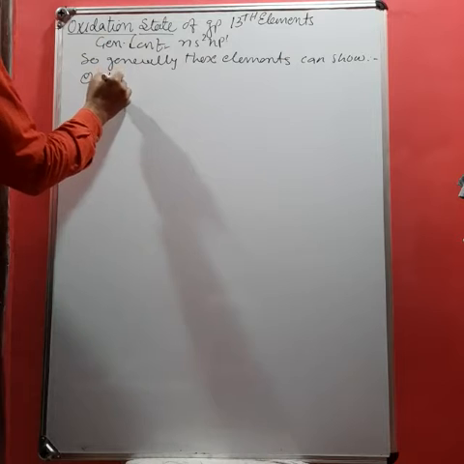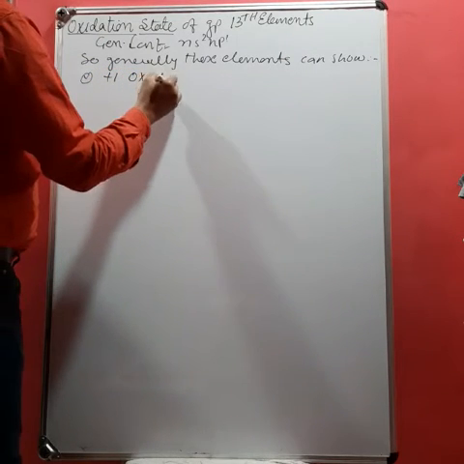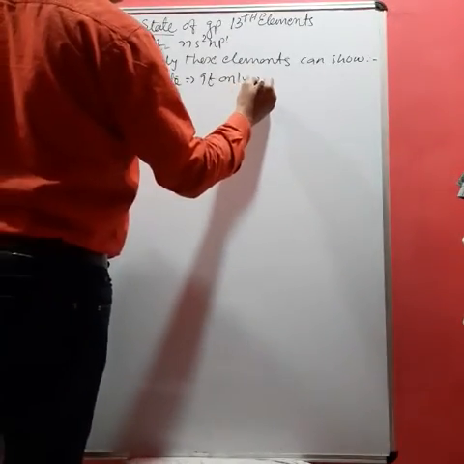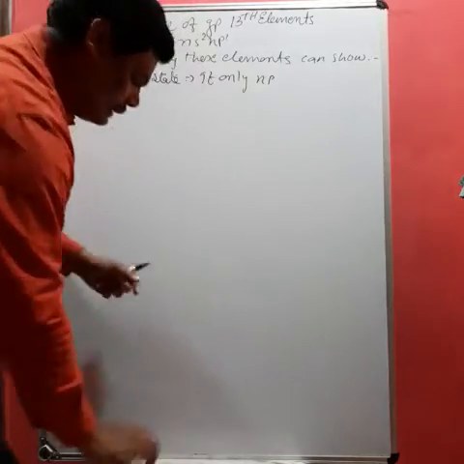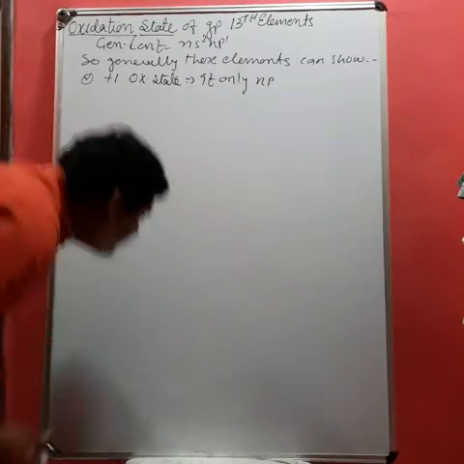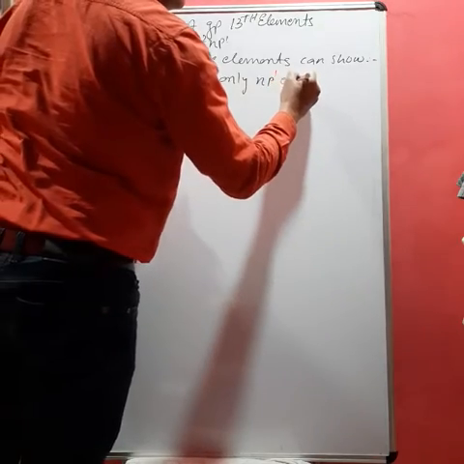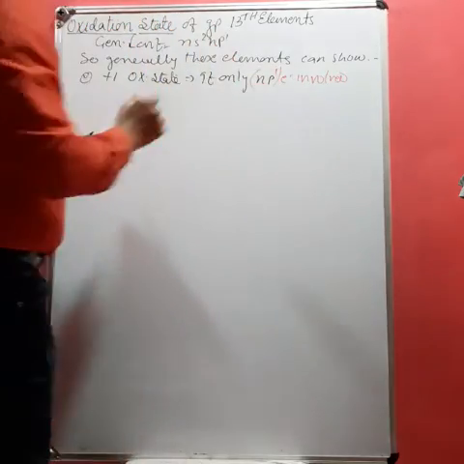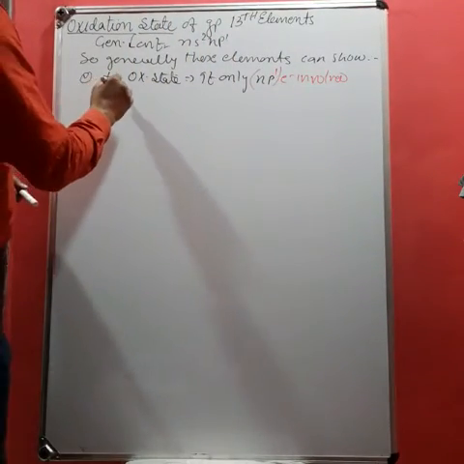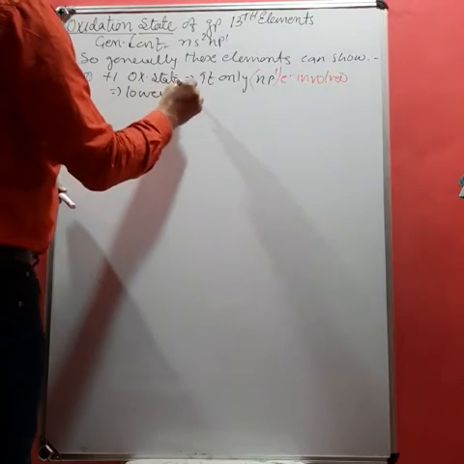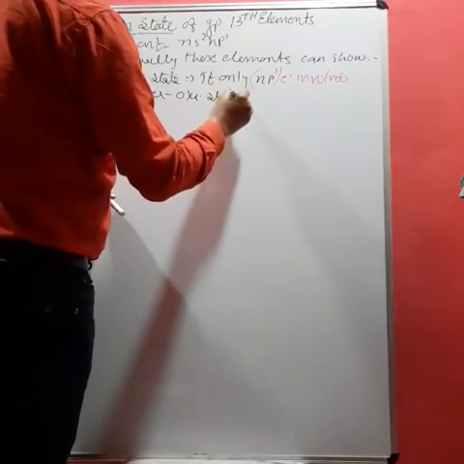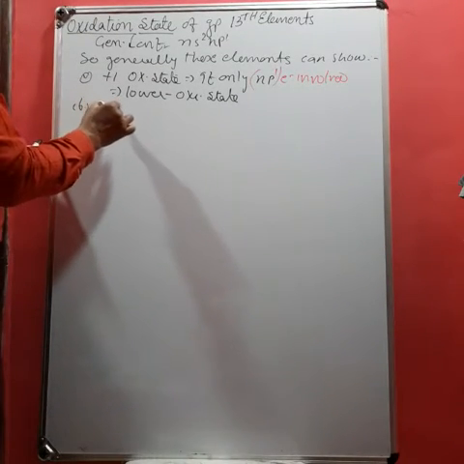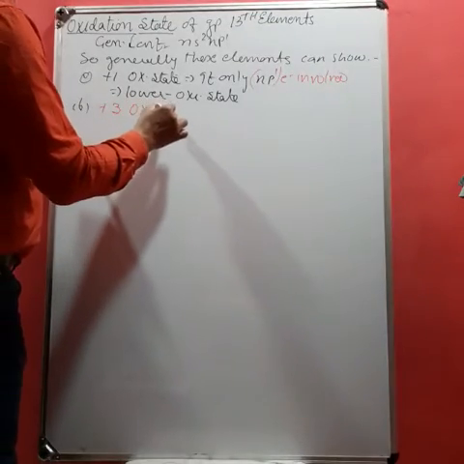Number A, plus 1 oxidation state, if only the np one electron is involved, not the s electrons. This is called the lower oxidation state. And number B, this is the plus 3 oxidation state.